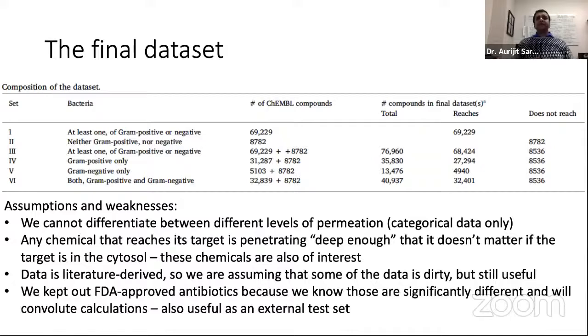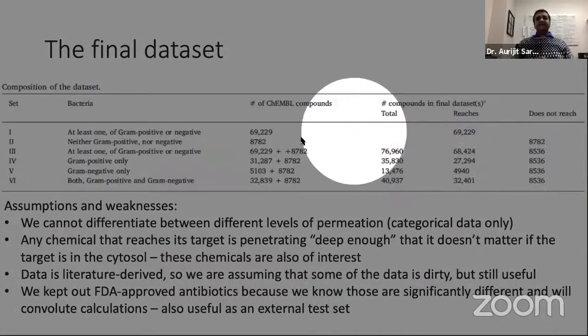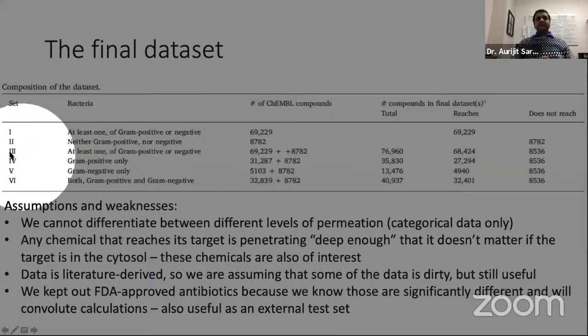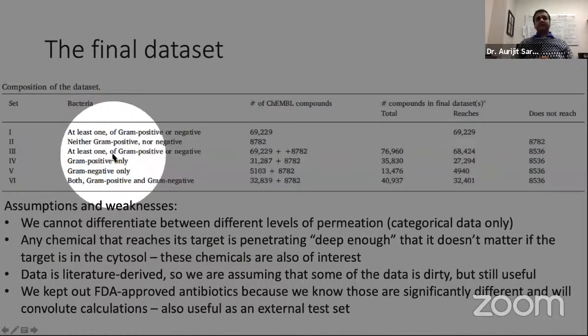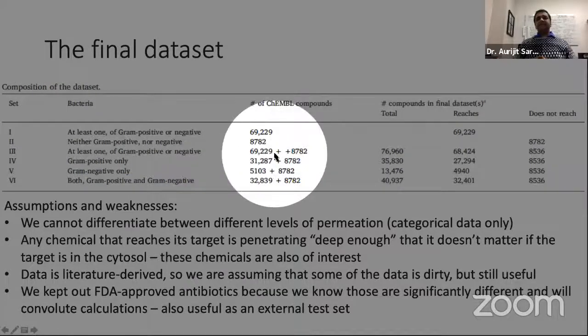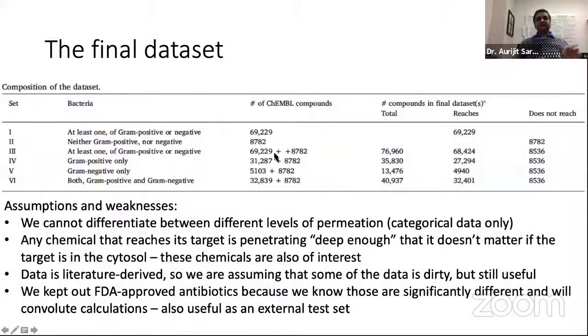We were able to combine these data to form one set, which is set 3, which would address or identify chemicals that penetrate at least one type of bacterial cell, either gram-positive or gram-negative or both.